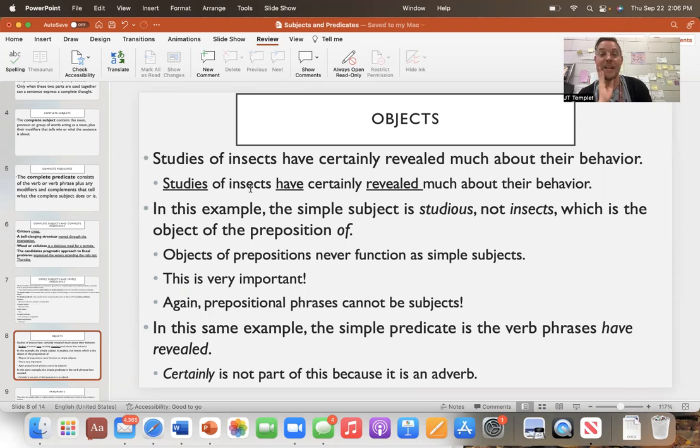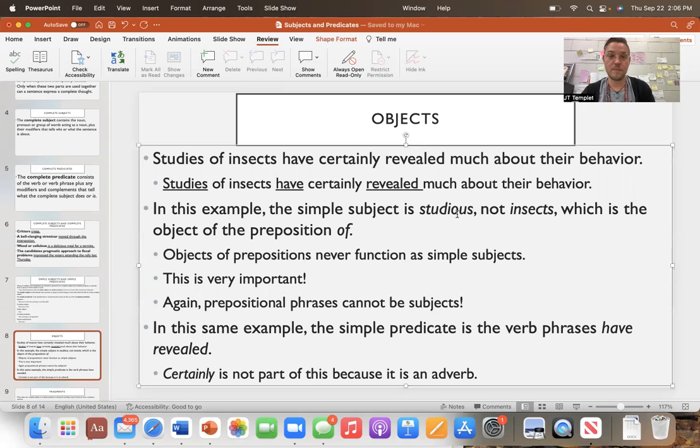We want to think of insects, right? Insects have certainly, it's right next to it. It's got to be it, but it's not, right? The insects themselves aren't revealing anything. It's the studies. Not insects, which is the object.